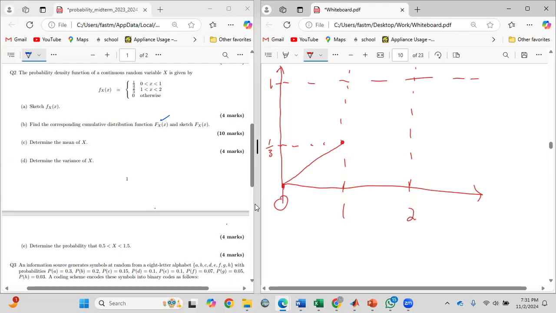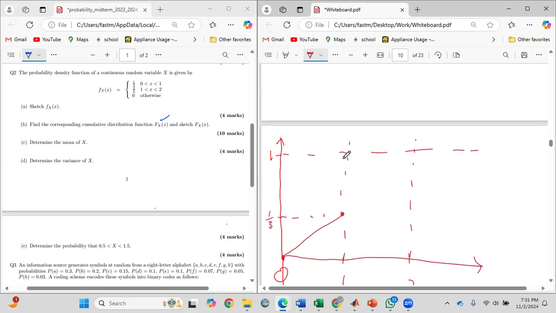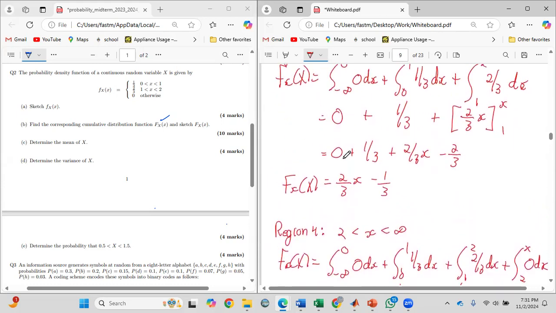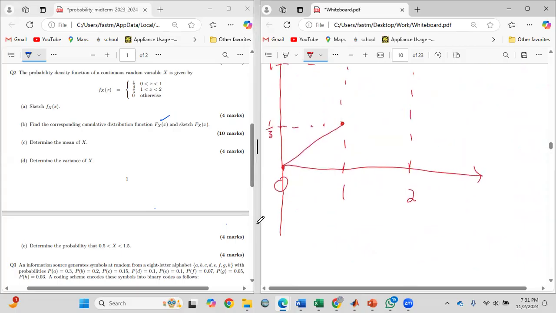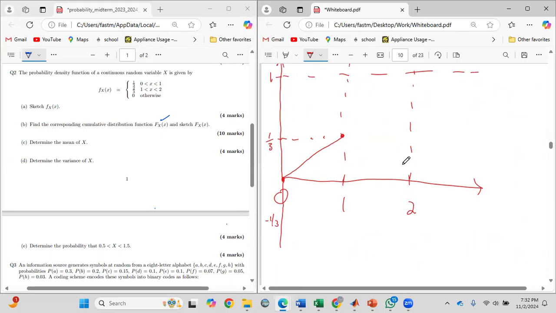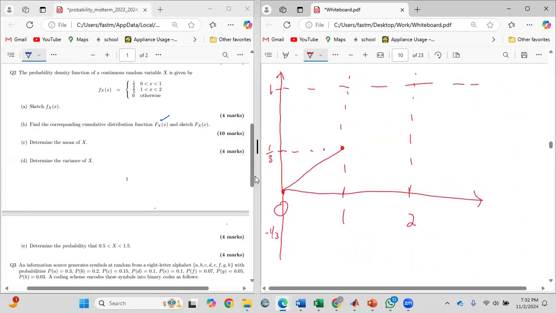Then the second region now is between 1 and 2, and that was 2/3 x minus 1 on 3. So minus 1 on 3 here, and then 2/3 x is this line. So if you want to know what value it will end at, it's supposed to end at 1.